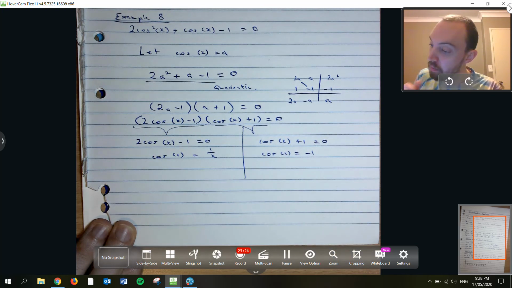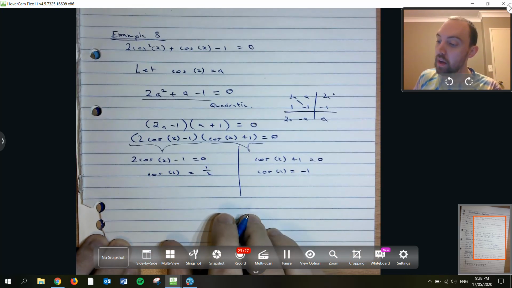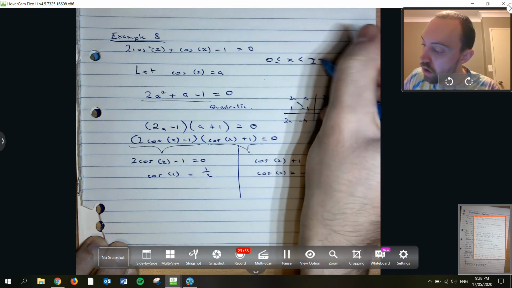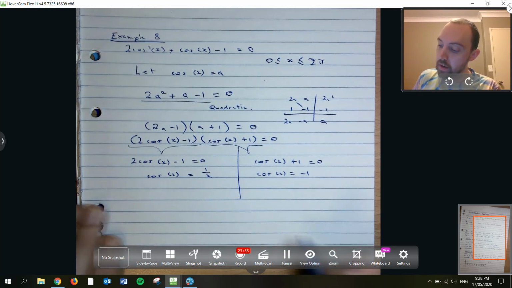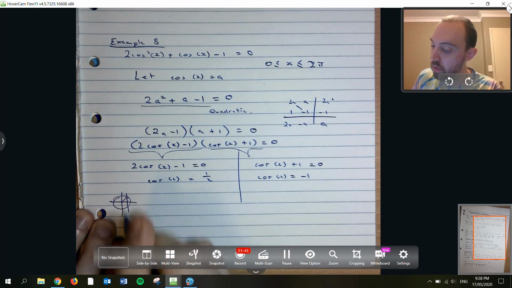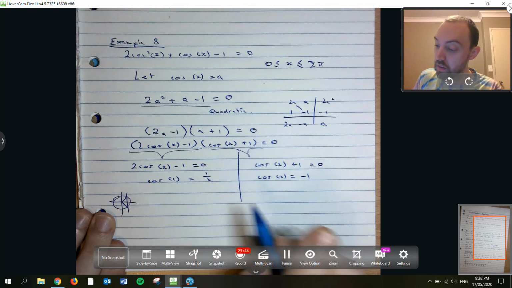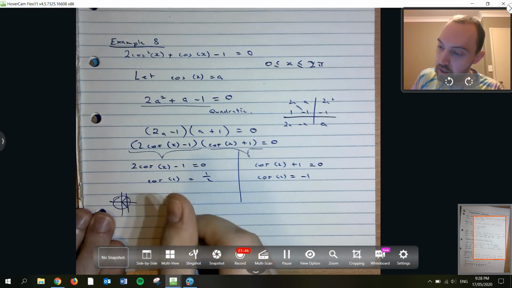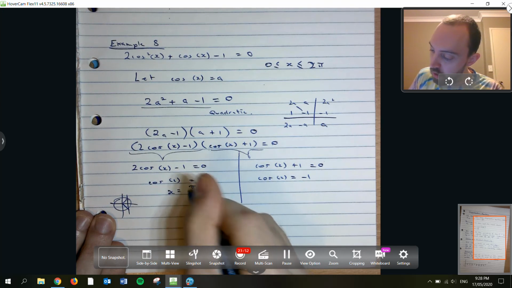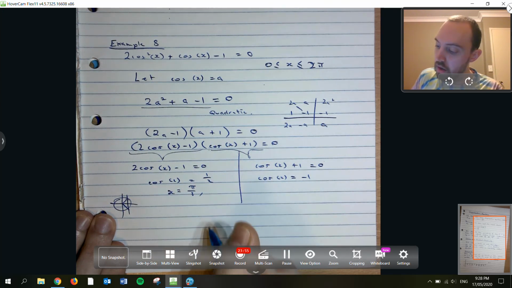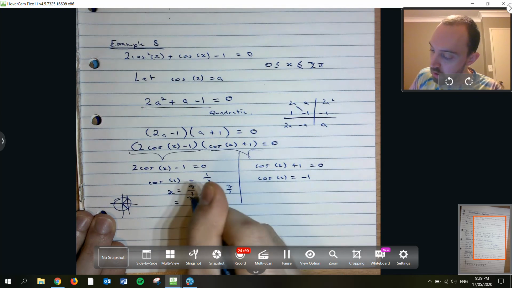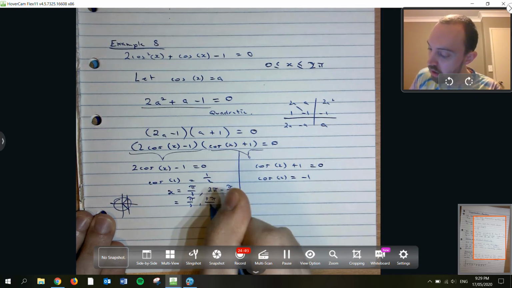We still need to remain within our domain, which I'm not sure that I've given. Let's say that it's between 0 and 2 pi. Where is cos positive? That is in the 1st and the 4th quadrant, and it's half, so we're thinking of cos pi on 3, similar to a couple of examples ago. So x is equal to pi on 3, and 2 pi take pi on 3, which is 5 pi on 3.